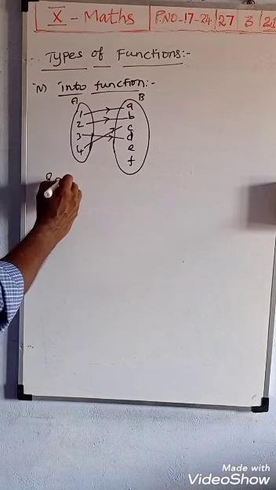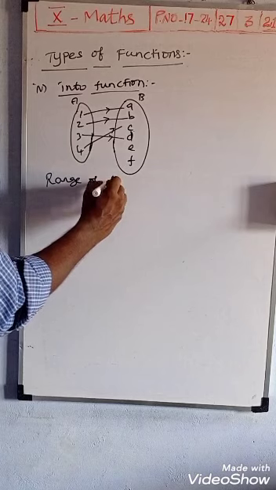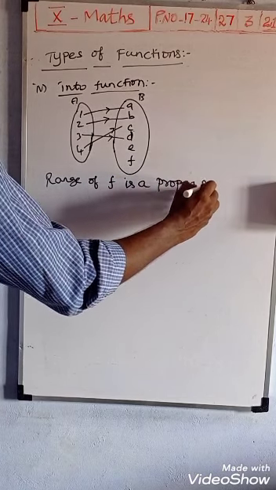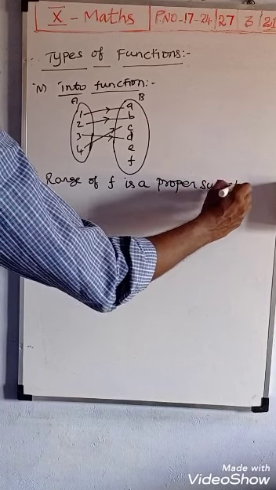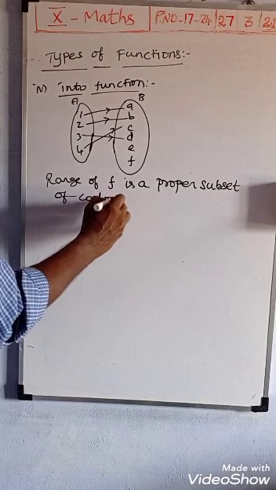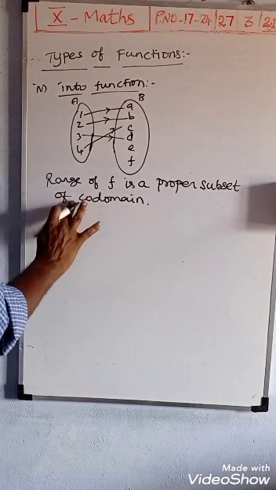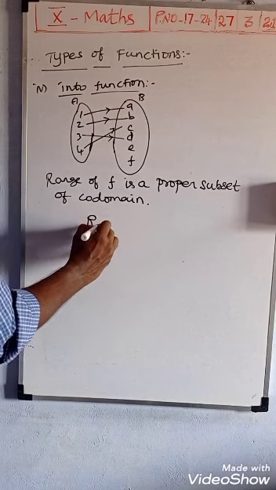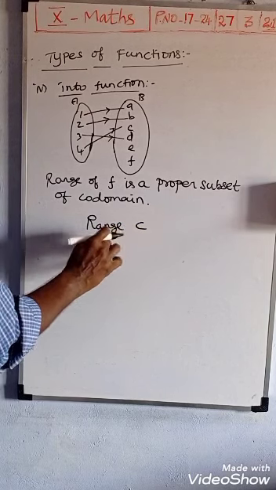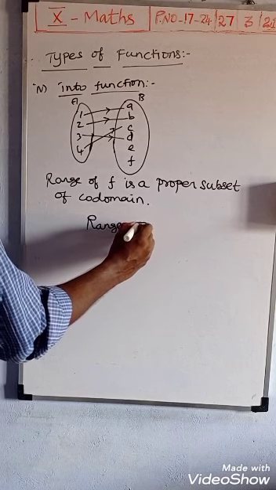Range of f is a proper subset of, I have already explained what a proper subset is, a proper subset of the codomain. Yes, it is the proper subset symbol.